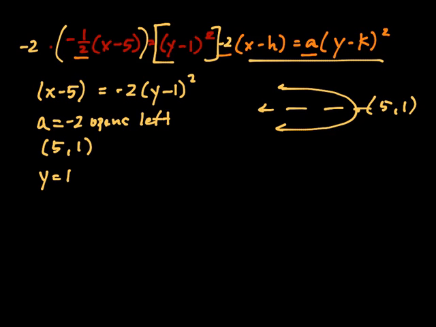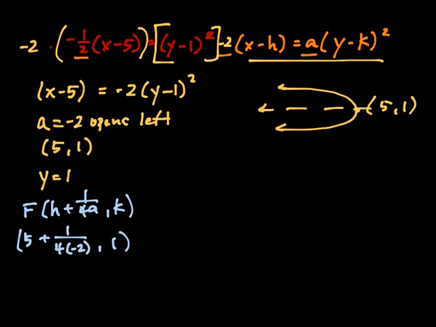Now, let's look at the focus. The focus is h plus 1/4a, comma k. And h is 5, plus 1/4 times -2, 1. So we have 5 minus 1/8, 1.